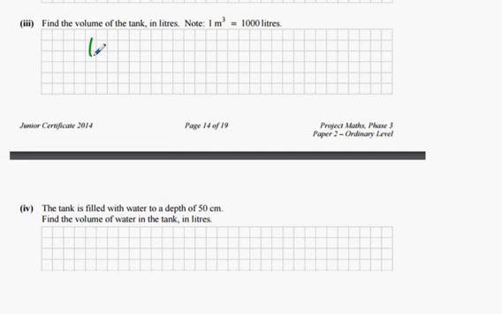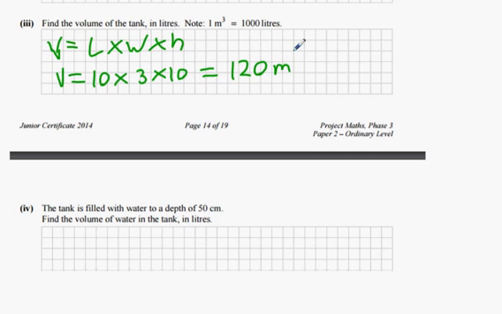Volume is length by width by height. And what's the length again? 10. So it's 10 by 3 by 4. What is 10 by 3 by 4? 120 meters cubed.